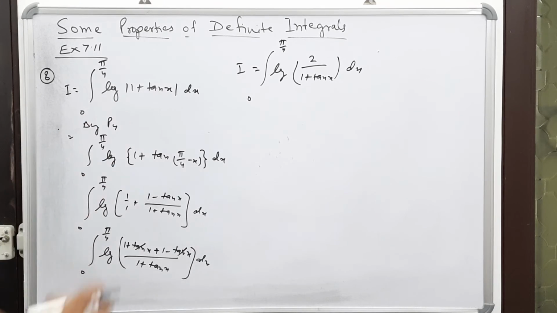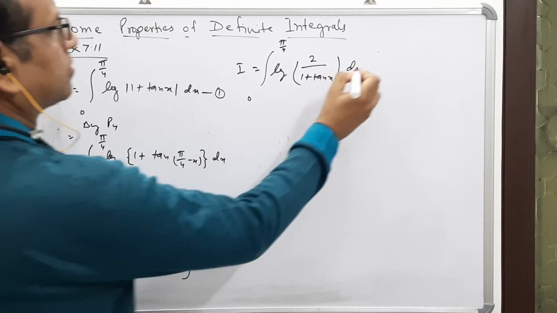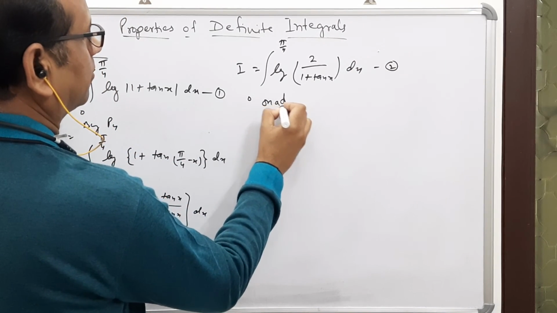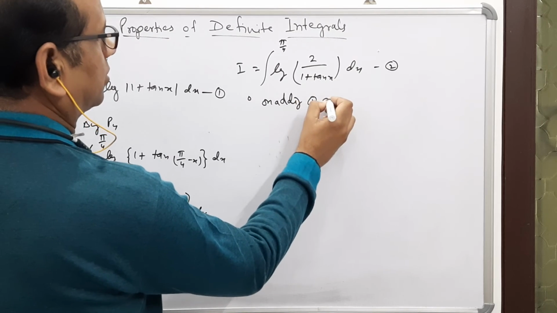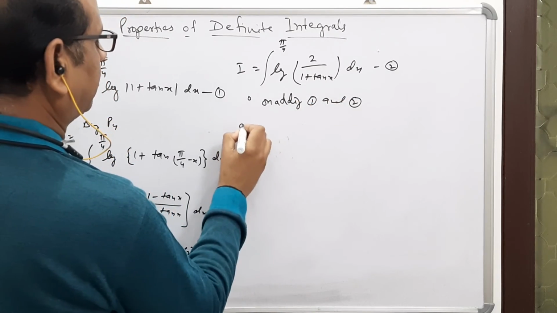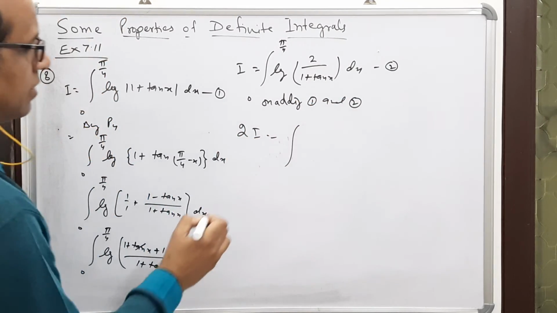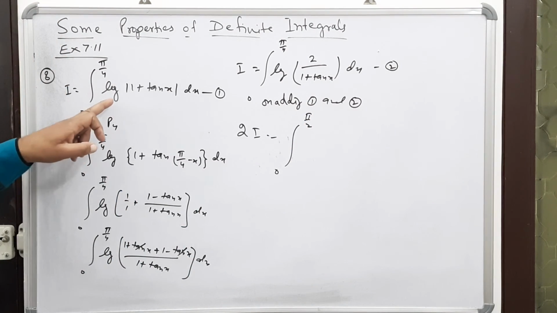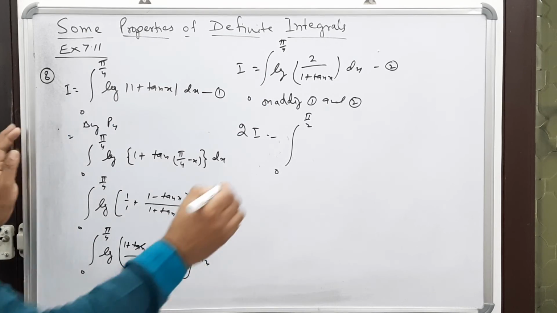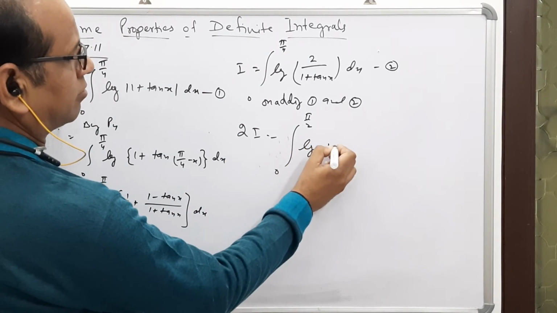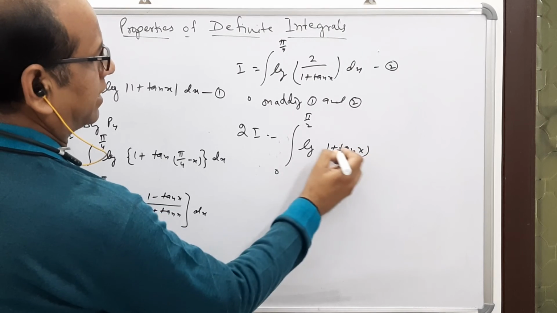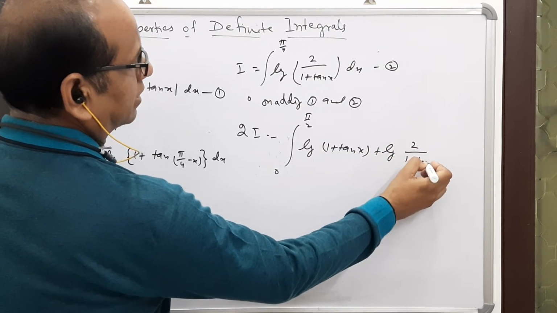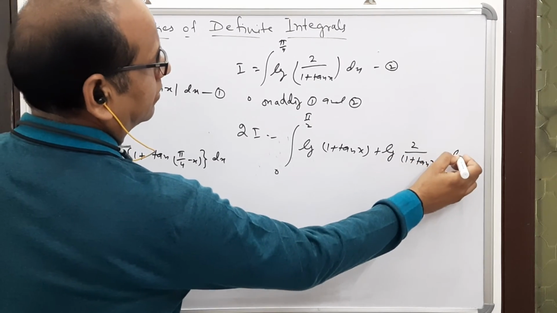Now if we add, say this is first and this is second. So on adding first and second, it will be 2I, and it is 0 to pi by 4, log this plus log this. So it is log (1 plus tan x) plus log 2 upon (1 plus tan x) dx.